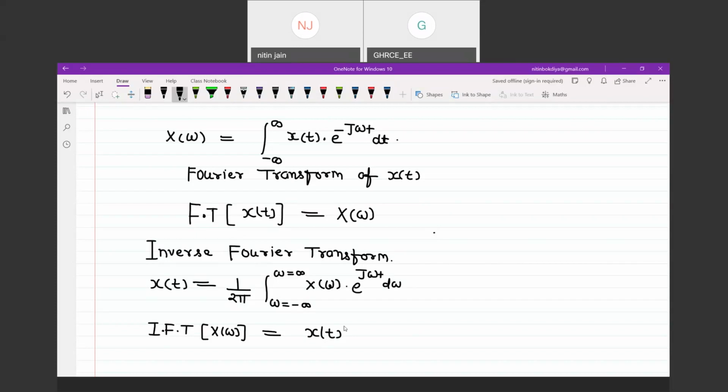The inverse Fourier transform of x of omega is known as x of t.